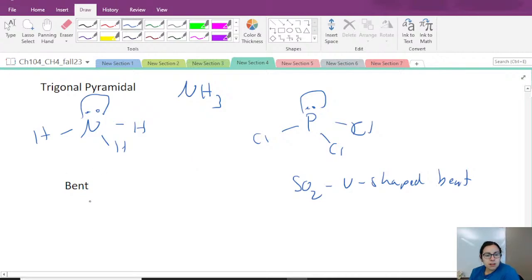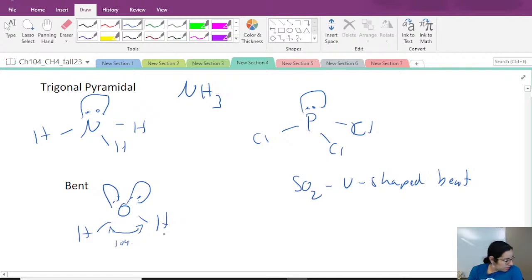Yeah, so water's our other classic. Water is more of the traditional bent with the tetrahedral parent geometry, and then again having that angle of 104.5 degrees there.